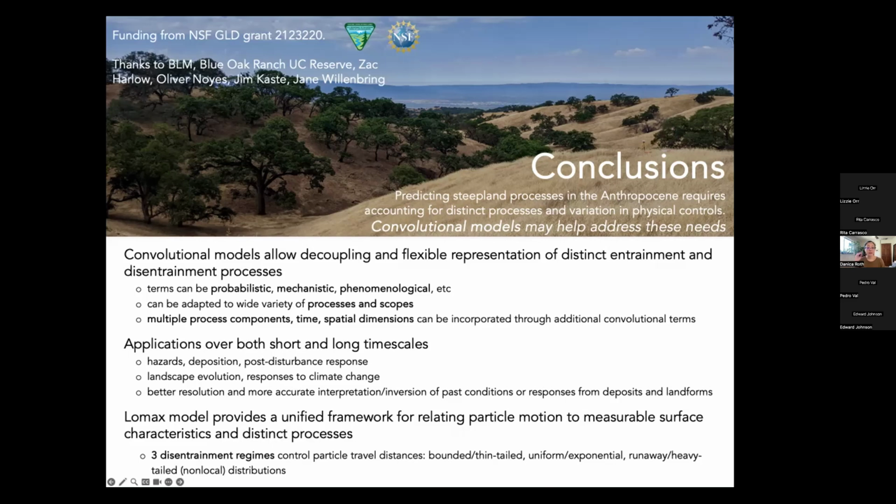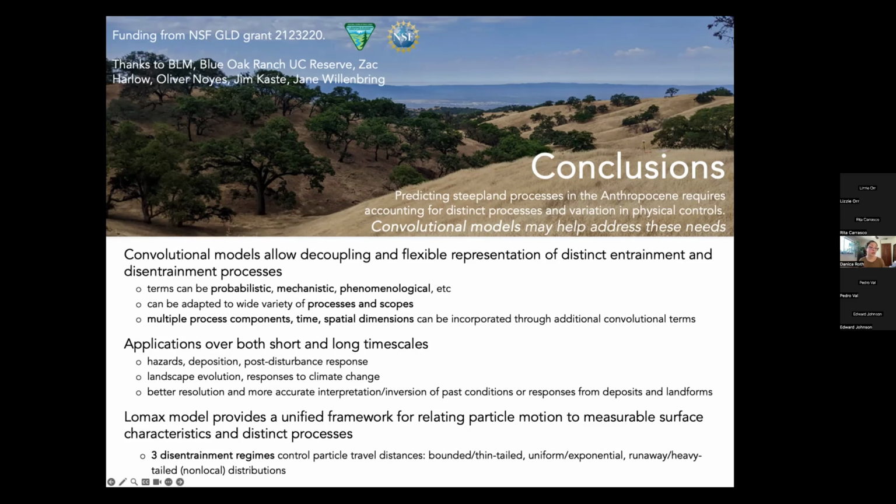Okay, so I will maybe leave some last conclusions up here so we can get to questions. But one point I do just want to raise is that, while I showed all of these models with very particle probabilistic focused techniques, this really is a very flexible and process agnostic model.